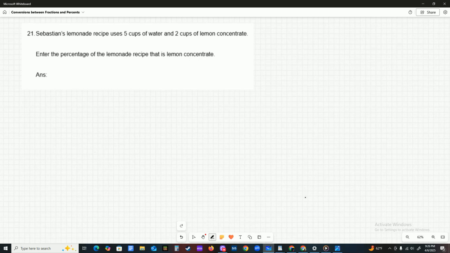What percent, right? Well, first we got to find out how many cups is the lemon recipe. The lemon recipe calls for 5 cups of water and 2 cups of lemon concentrate, right? So we have 5 cups of water plus 2 cups of lemon concentrate.